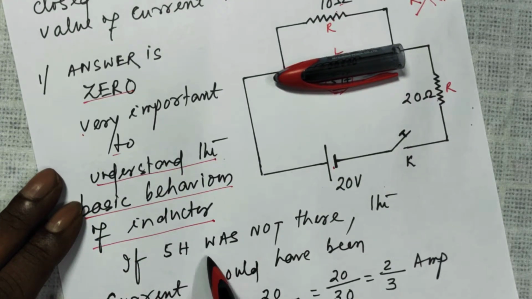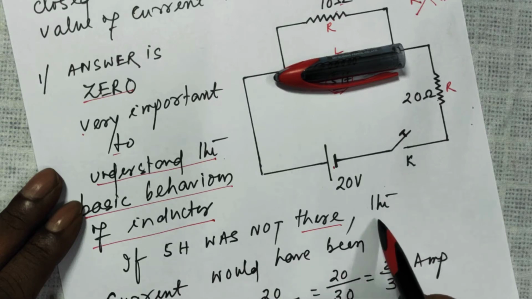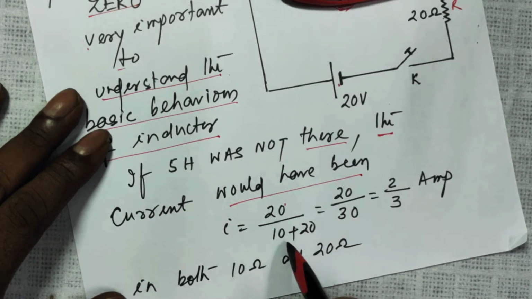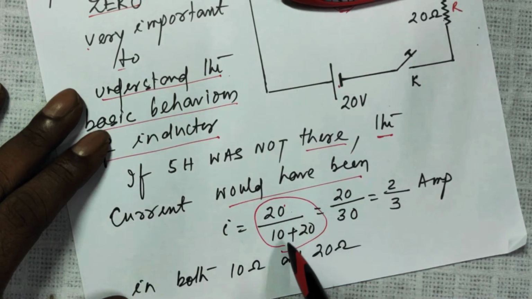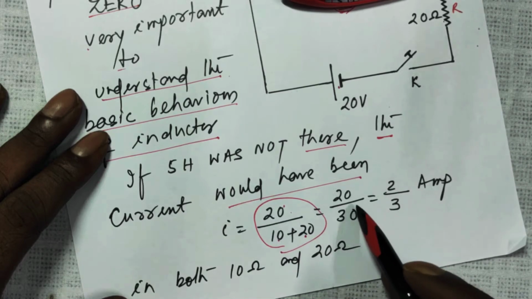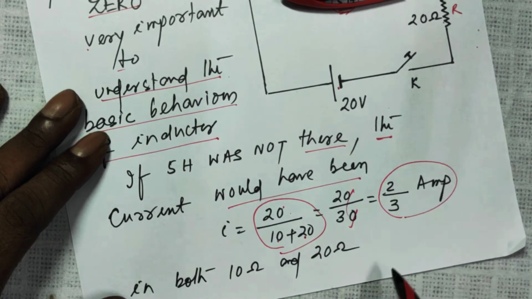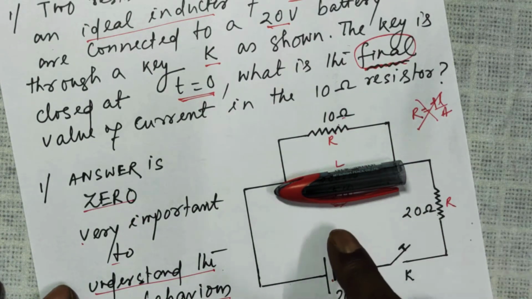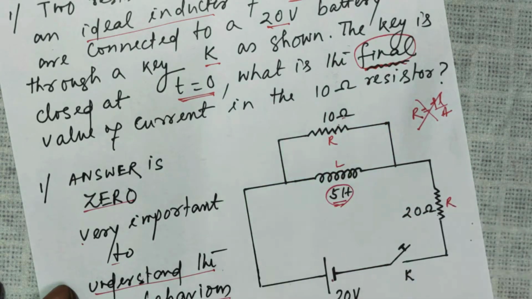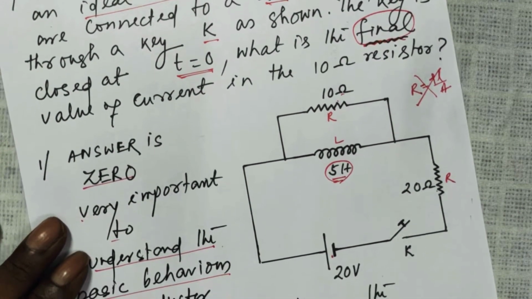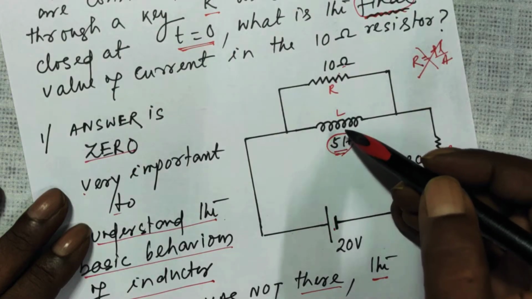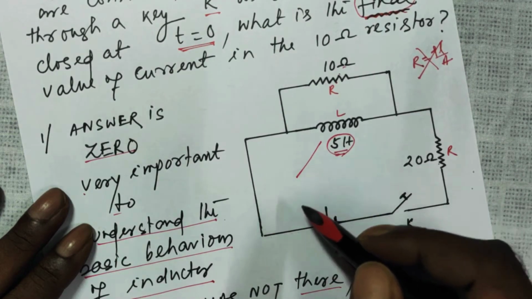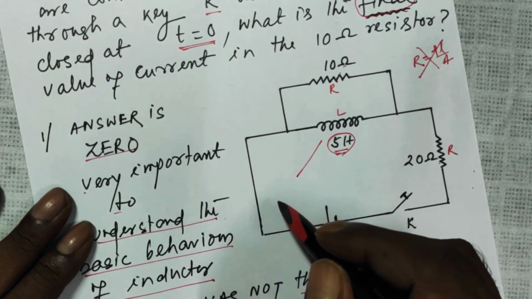If the 5 Henry inductor was not there, then the current would have been voltage divided by effective resistance: 20 divided by 10 plus 20, that is 20 by 30, equal to 2 by 3 ampere in this resistance, and also in this resistance. Now, we have seen in previous lessons that when an inductor is connected to a DC source, it opposes the growth of the current by developing an EMF.